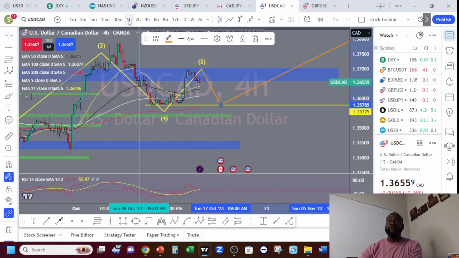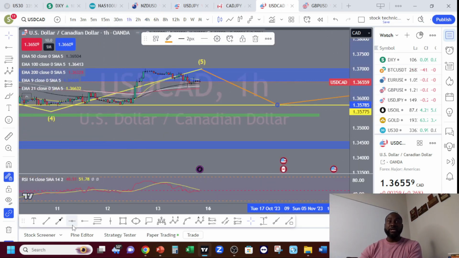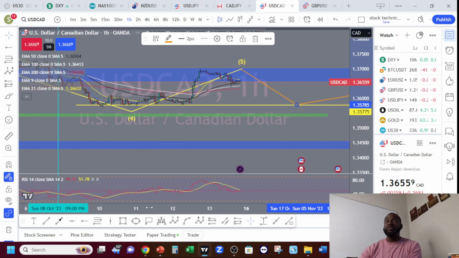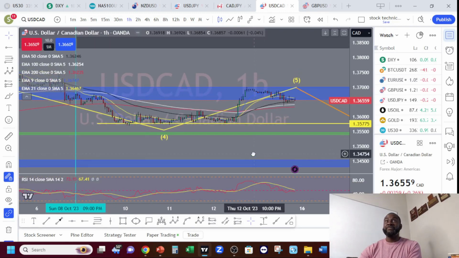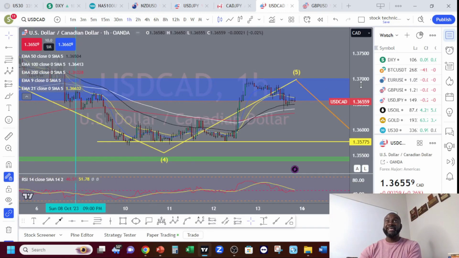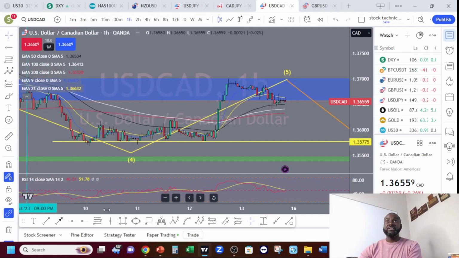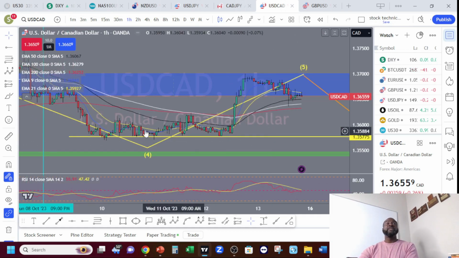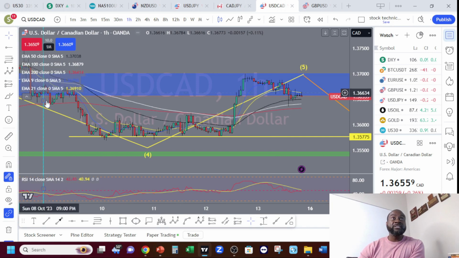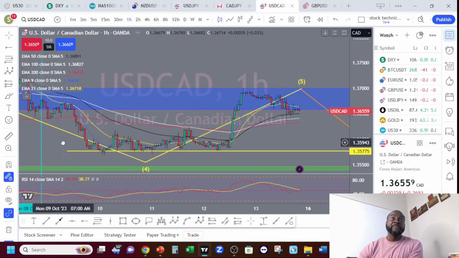Let's go to the 1 hour time frame to see, if you were a trader that liked USD CAD, what you could have done. As you can see, price broke this and came back to it, and it got to the EMA.